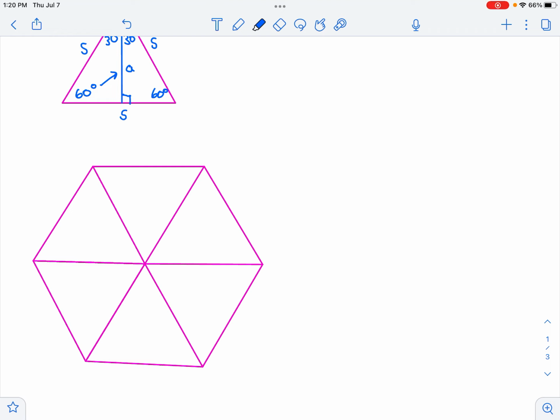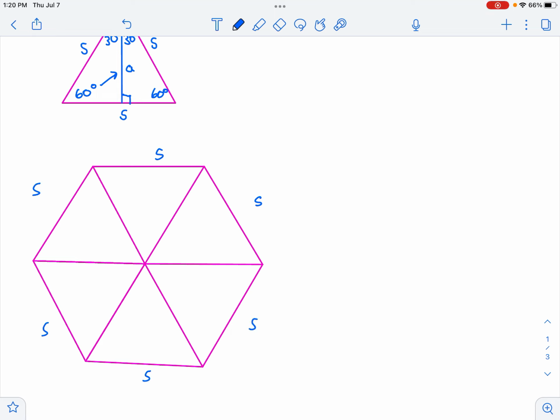There's a triangle associated with each side. Now, I want to see if I can get the area of this polygon. Let's just call each side S. So every side is S units long.